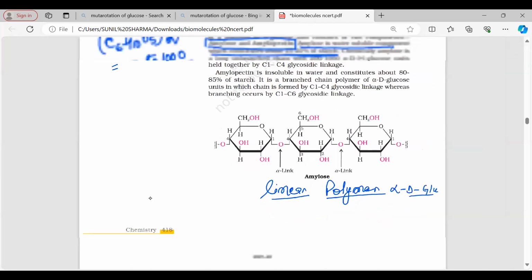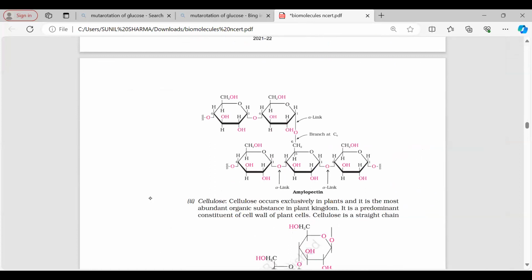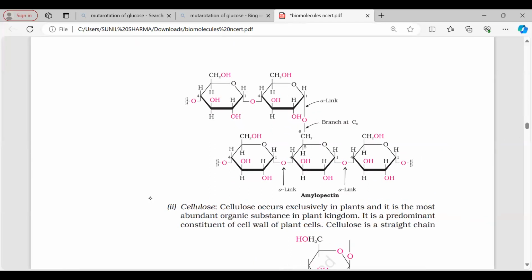Now, what you should be knowing about amylopectin. Amylopectin सबसे पहले is water insoluble. It constitutes 80 to 85% of the starch. Does not give a blue color with iodine solution. And it is a branched polymer of alpha D glucose.